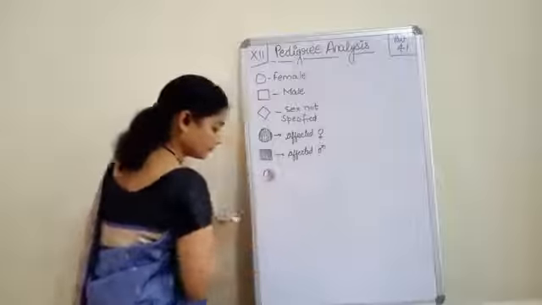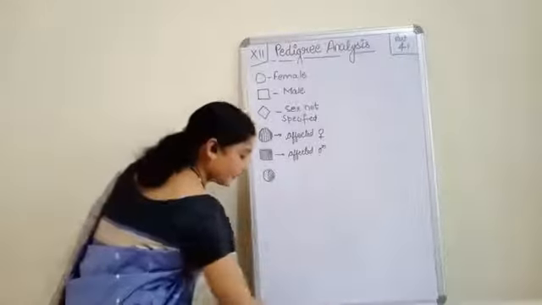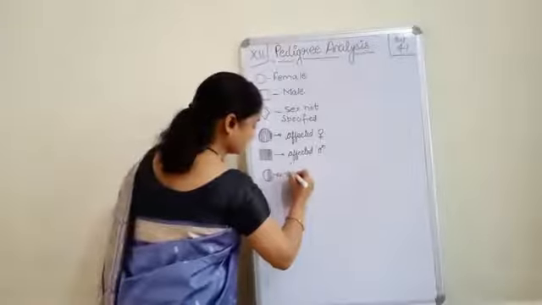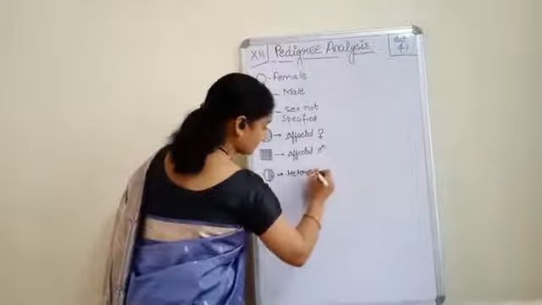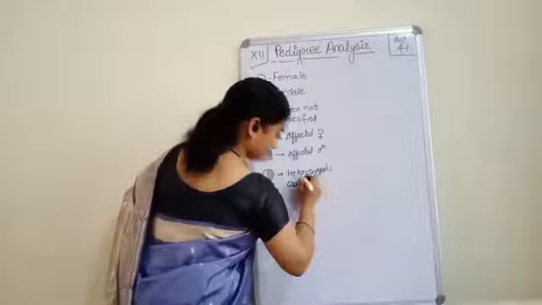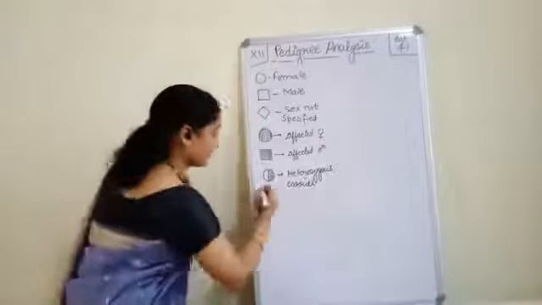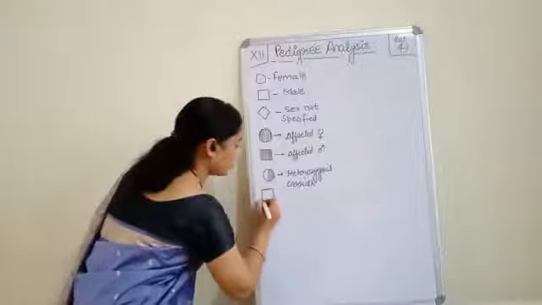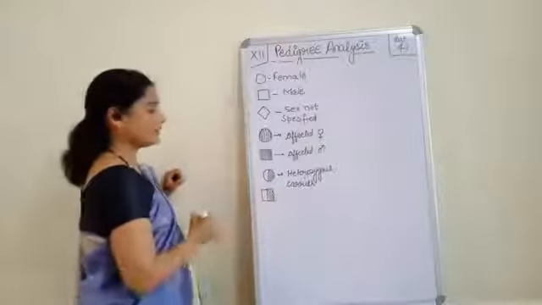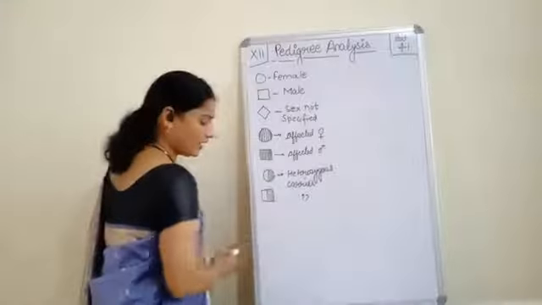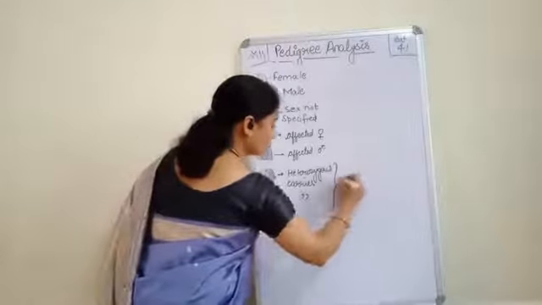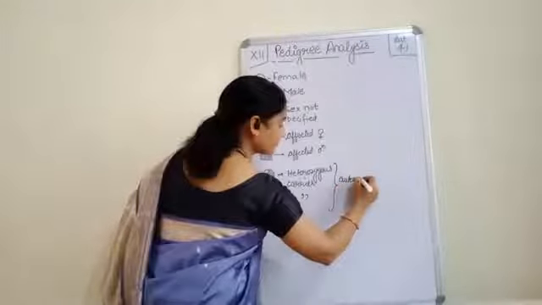Now this means that it is a heterozygous carrier. Clear? Even if we have a box like this, and the box is again like this, this also means heterozygous carrier. Now this is for autosomal gene.